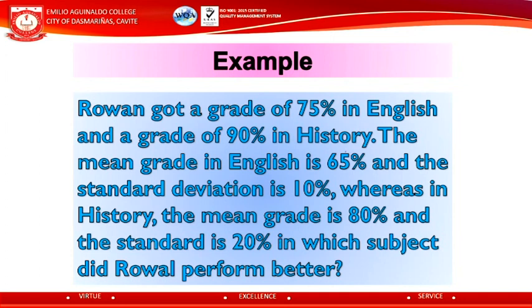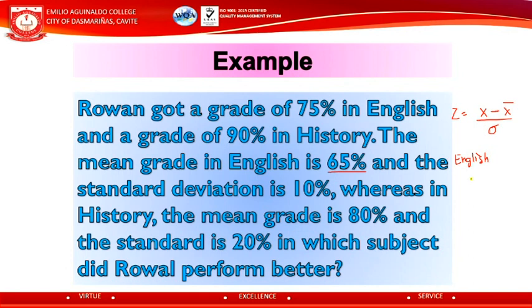So, sulat muna ulit natin yung formula for us to determine which of them is better. So, for Z, this is just equal to X minus X bar over our sigma or our standard deviation. So for English, sulat muna natin yung for English. For English, Rowan got a grade of 75% and the mean grade is 65.